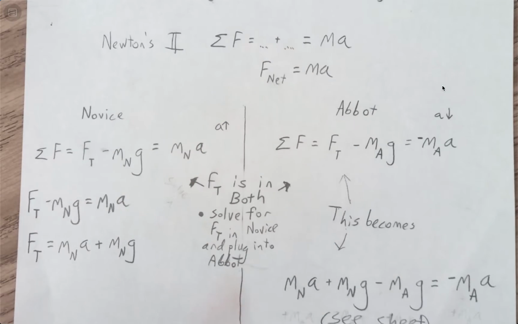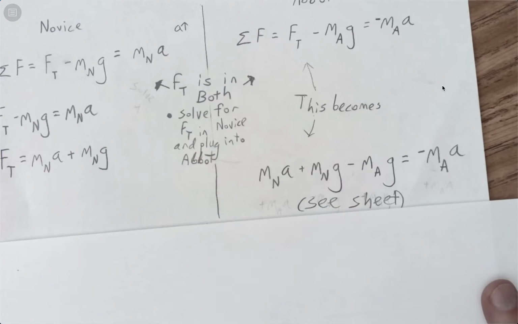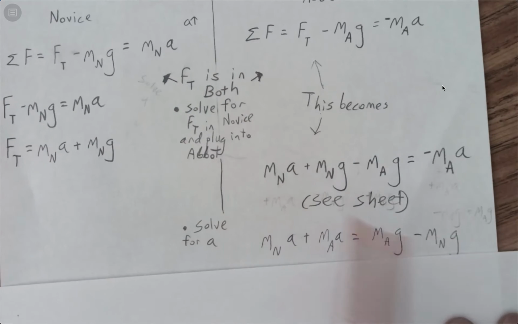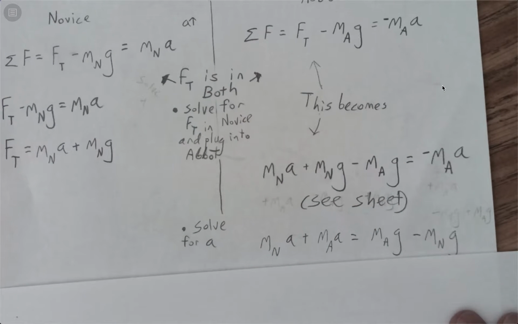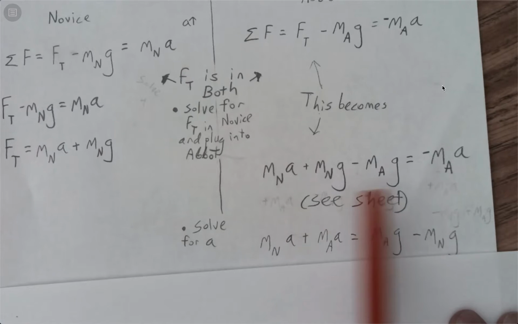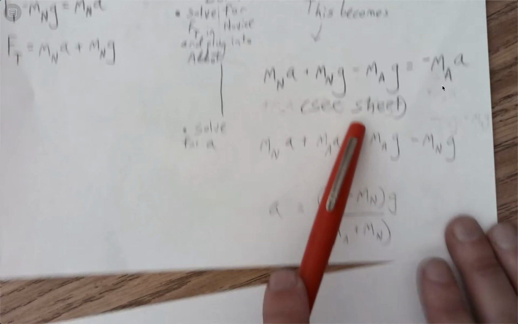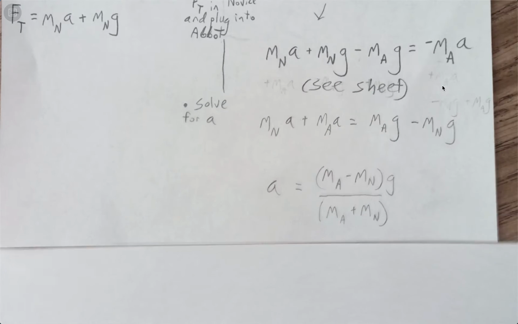Now from here we're going to solve for this a and this a to get like terms. So I just move the a and the a to one side, and the g to the other side. And that's how I'm able to solve for my acceleration.